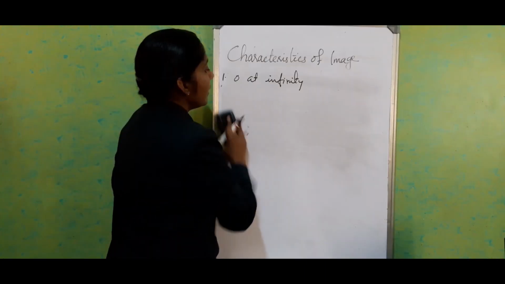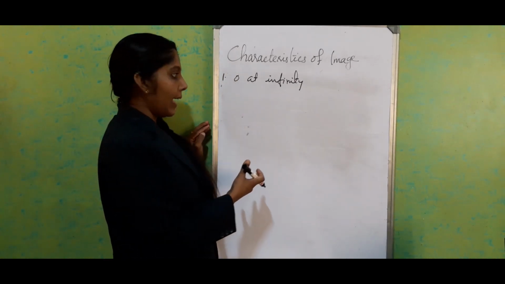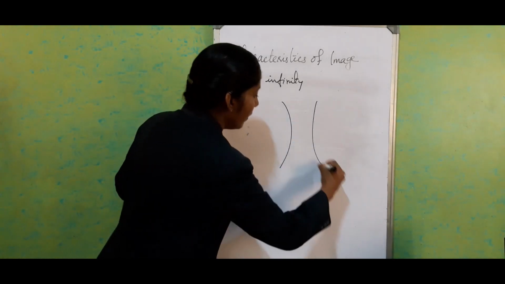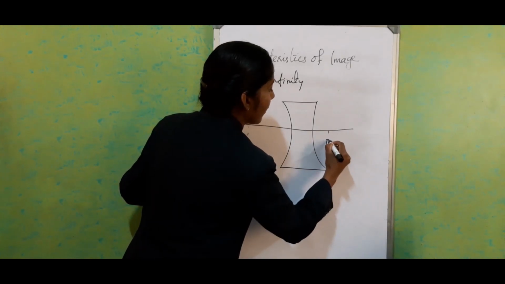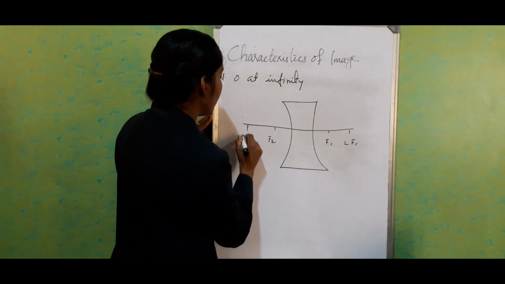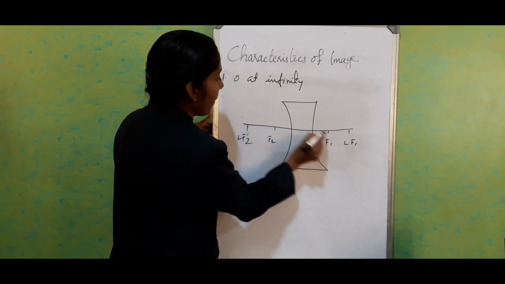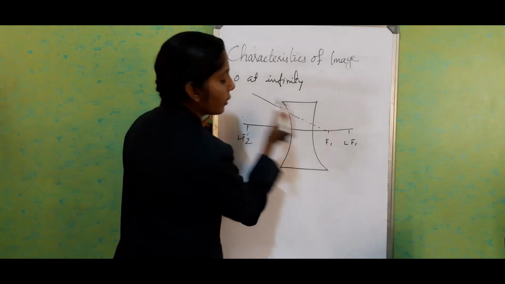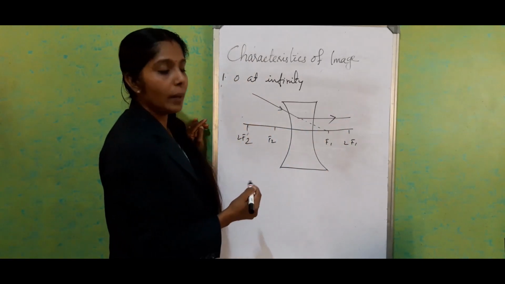Okay, this is the case when the rays are parallel to the principal axis. Now we'll see when these rays are not parallel to the principal axis, but the object is at infinity. So this is a concave lens. Mark f1 to f1, f2 to f2. One ray which passes towards the focus, if we extend it, it will be passing through the focus, and after the refraction, it is parallel to the principal axis.